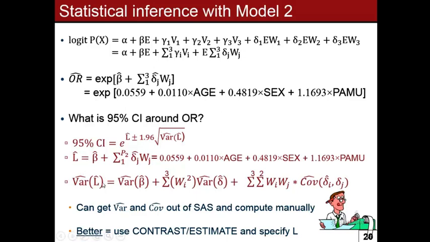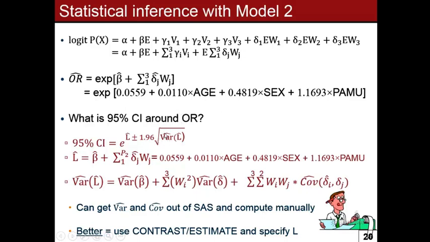The hypothesis test might involve testing several different odds ratios to see whether any of them are equal to 1. You're going to use the contrast or estimate statements, and it will compute this for you. It is going to do this huge expression here, the sum of all the variances plus the pairwise covariances. But what you have to do is tell it what the L looks like.